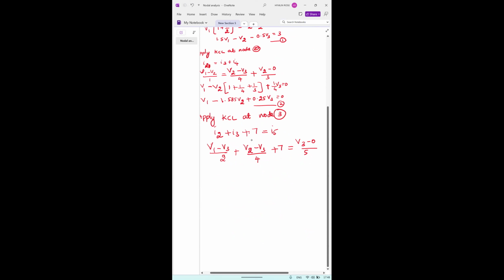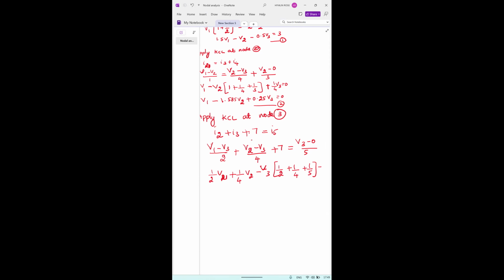Now simplify it: 1 by 2 V1 plus 1 by 4 V2 minus V3 times (1 by 2 plus 1 by 4 plus 1 by 5).